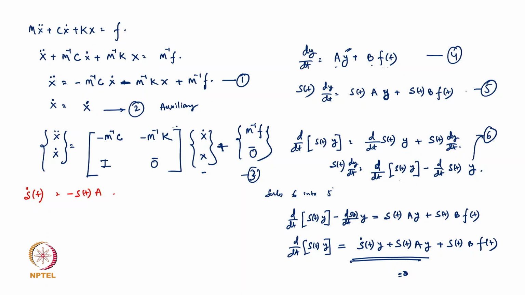Yes, perfect, great, very nice. e to the power minus at, absolutely correct. How did you say that? Exactly, very good, really nice.